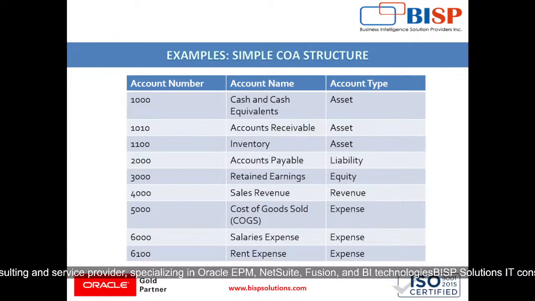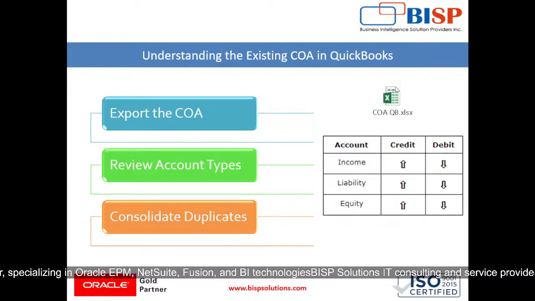So after that, we will be understanding the existing CoA in QuickBooks. First of all, we will be exporting the CoA, which means exporting QuickBooks CoA into a spreadsheet for review.